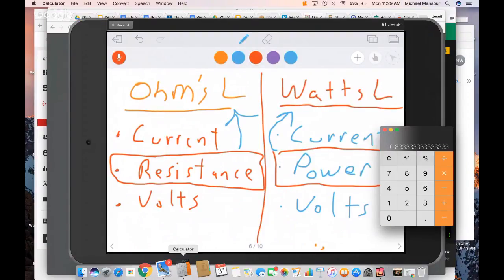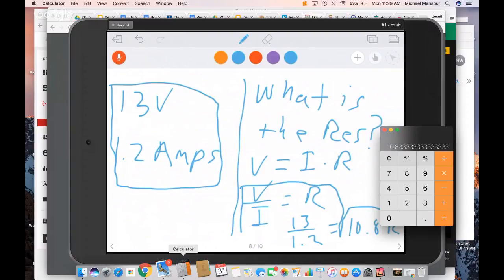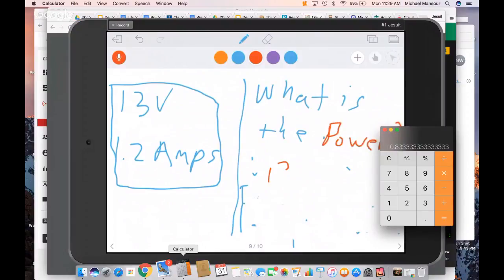Since we're asking for power and not resistance, we use Watt's law. So P equals volts times amps. P equals 13 times 1.2. On my calculator, 13 times 1.2 equals 15.6. So P equals 15.6.